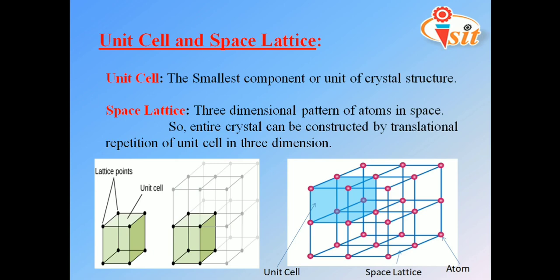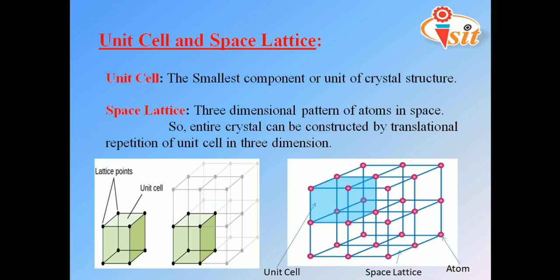Now we will go to the definition. A unit cell means the smallest component of a crystal structure. Crystal structure means space lattice. A unit cell is the smallest component of a space lattice; we cannot go below that. And what is a space lattice? It is a three-dimensional pattern of atoms in a space, right?